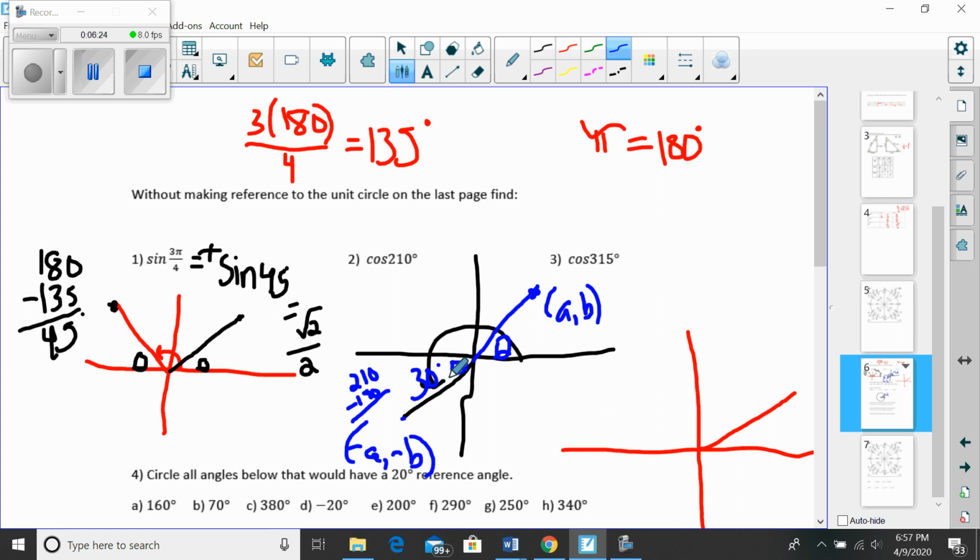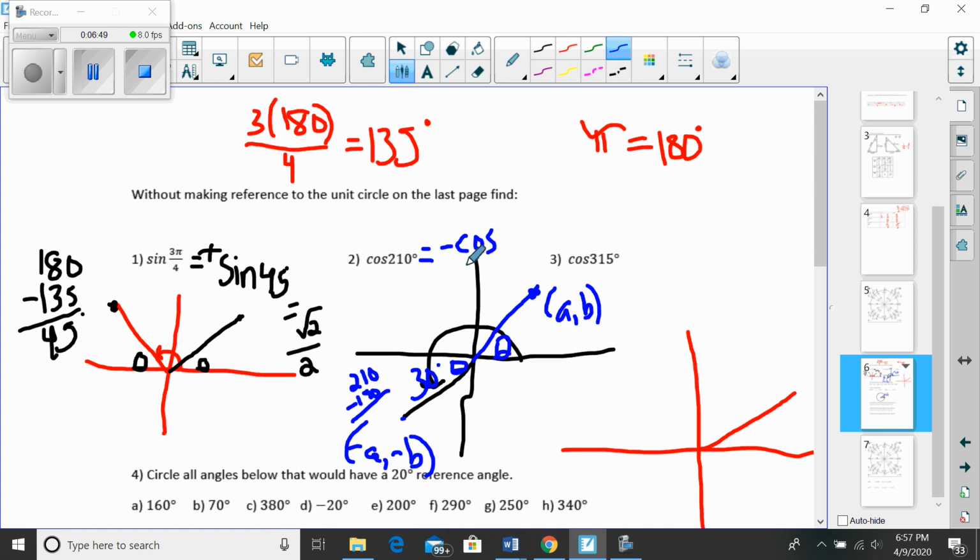And this angle, which is equivalent, would be 30 degrees. So I would recognize that cosine is my x, and x would be negative down here in the third quadrant. So I'm going to say, okay, cosine of 210 is equal to negative cosine, right?